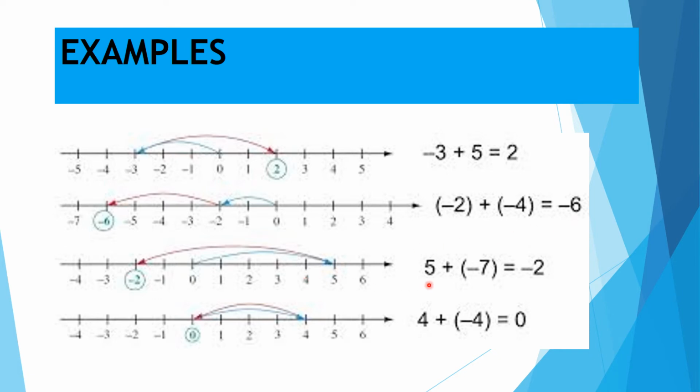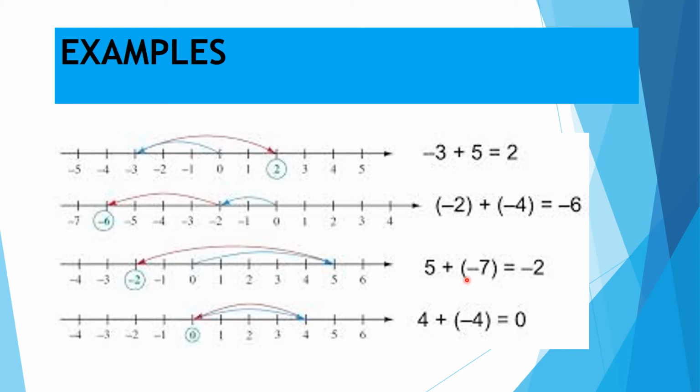Now next one is 5 plus minus 7. Now where is 5? From 0 to 5 you move here. This is 5. Now from 5 you are moving 7 steps towards the left because it is plus minus 7.